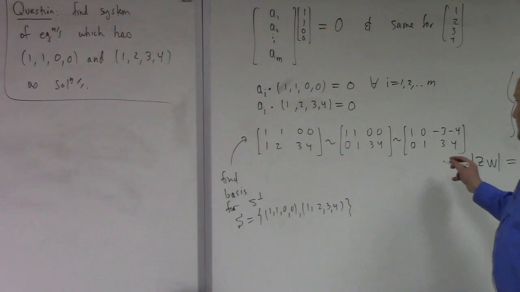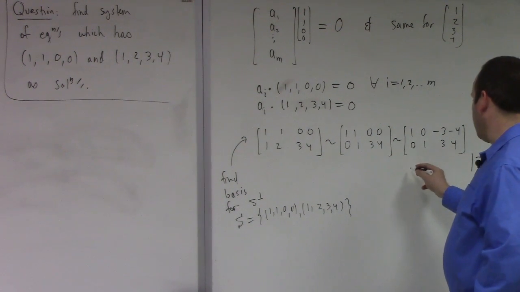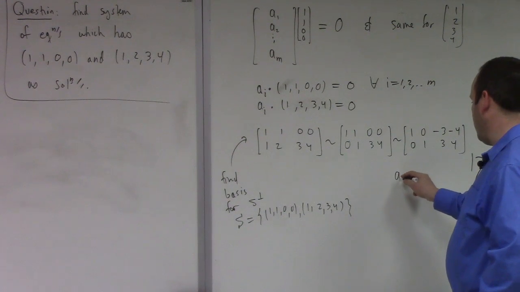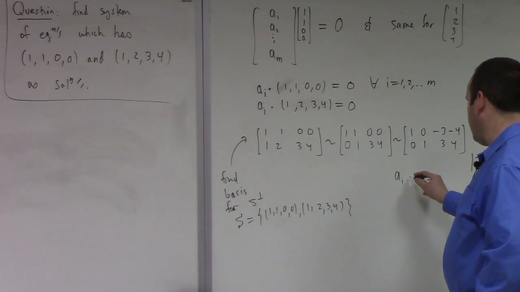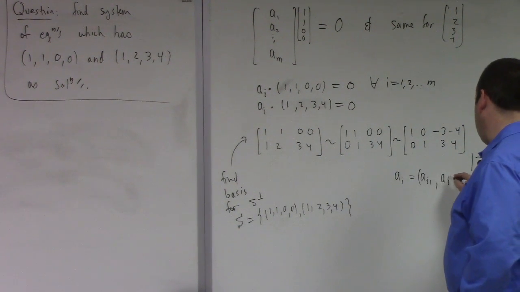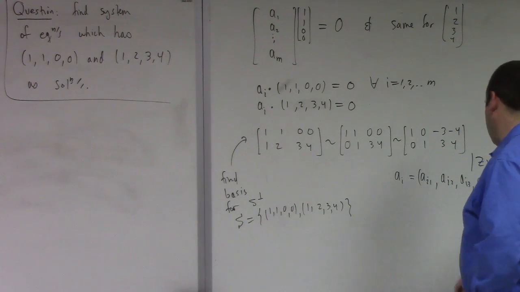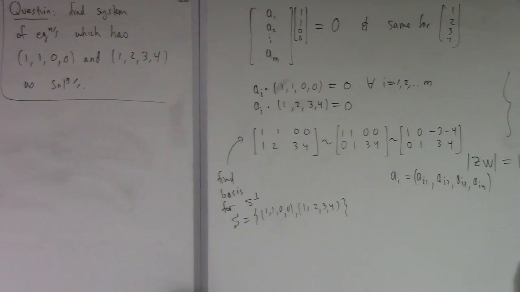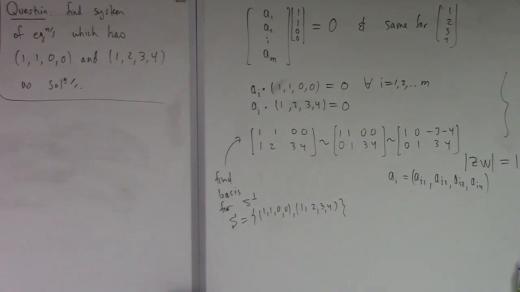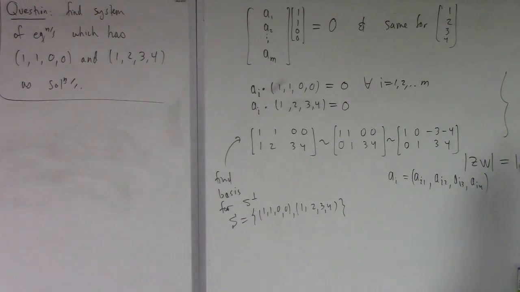Okay, so what are we looking at here? If A sub i is equal to (Ai1, Ai2, Ai3, Ai4), that's your ith row, what's the condition that you need on that for these to appear as solutions?